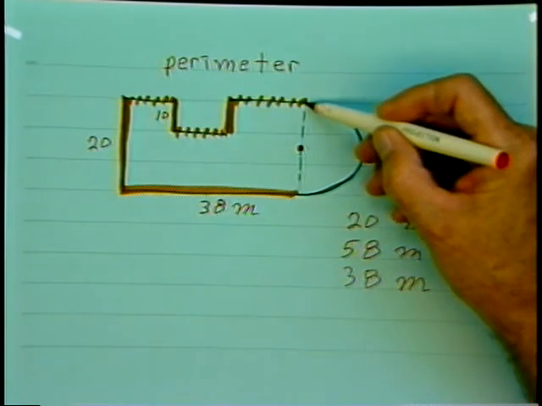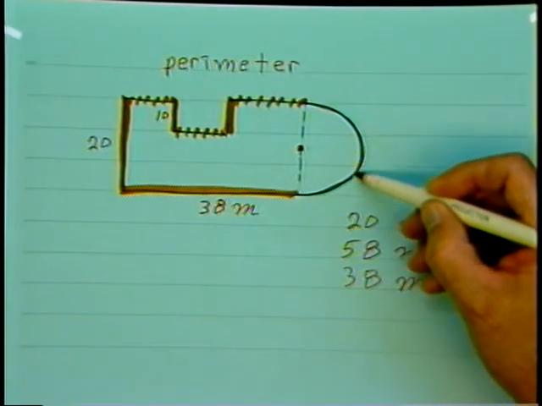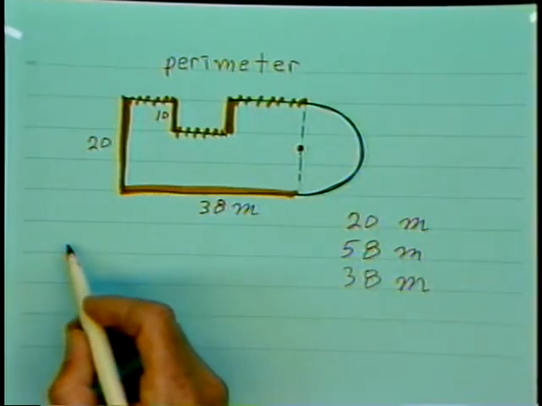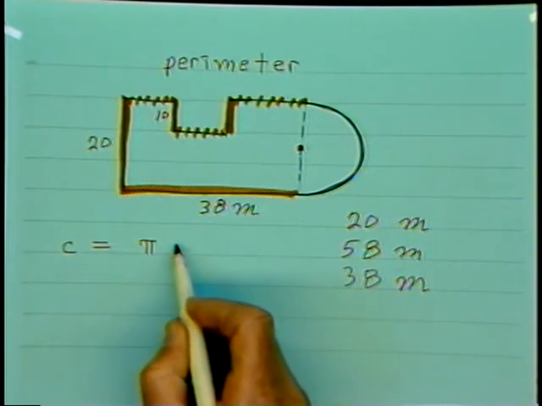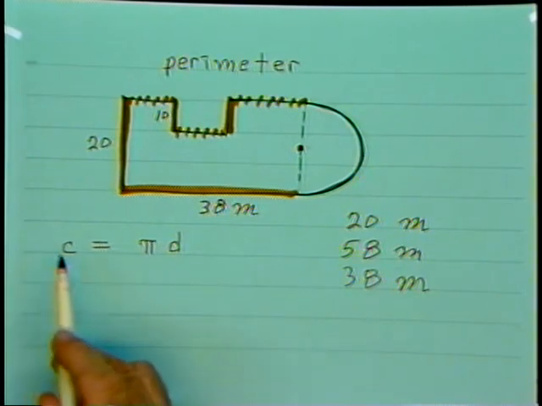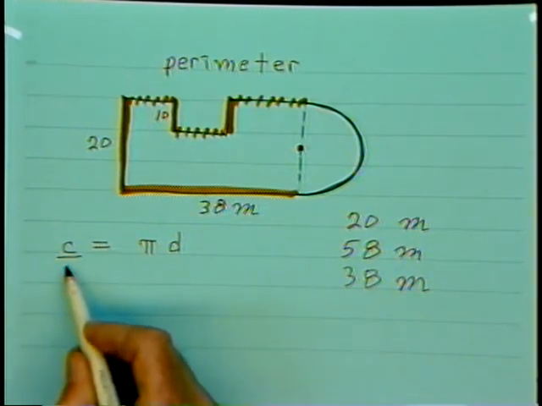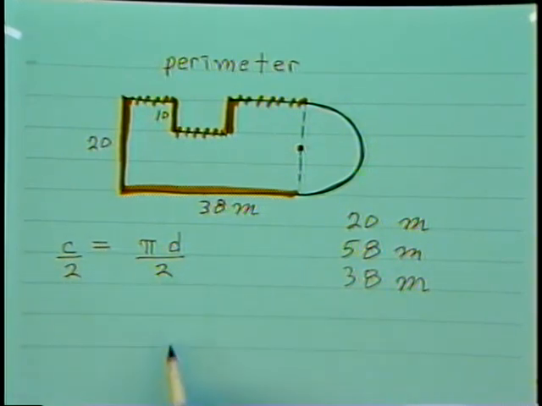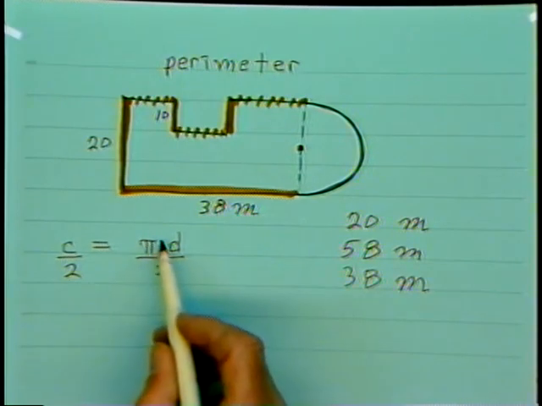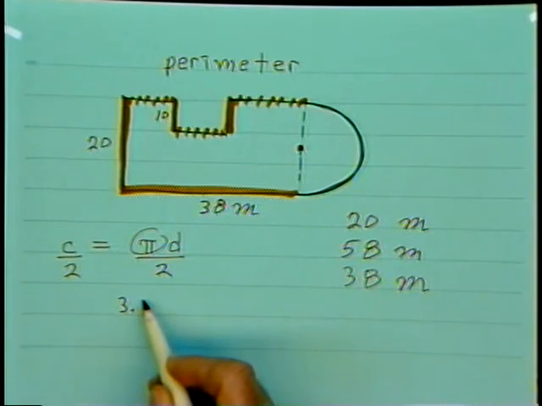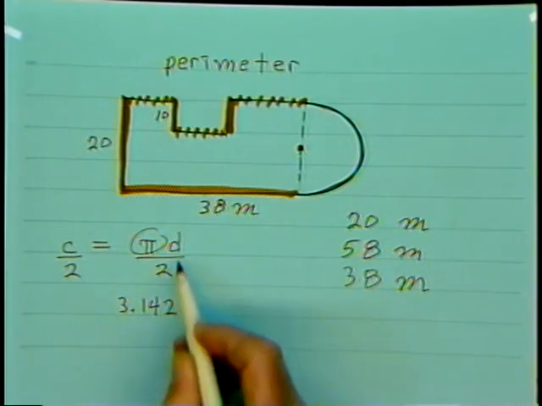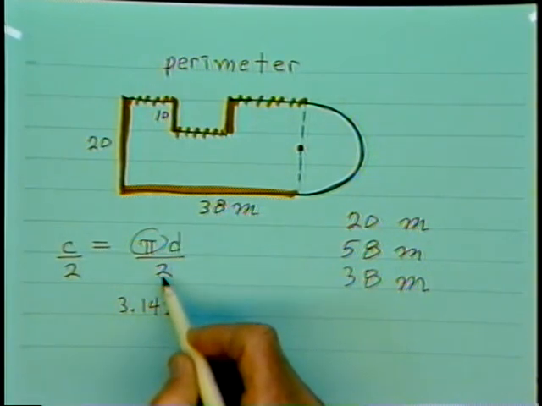If it is, then we know that this is a semicircle, and the circumference of a circle is pi times the diameter, and a semicircle is half of that. So I would take some convenient value of pi, depending upon how much accuracy I want, times the diameter halved.